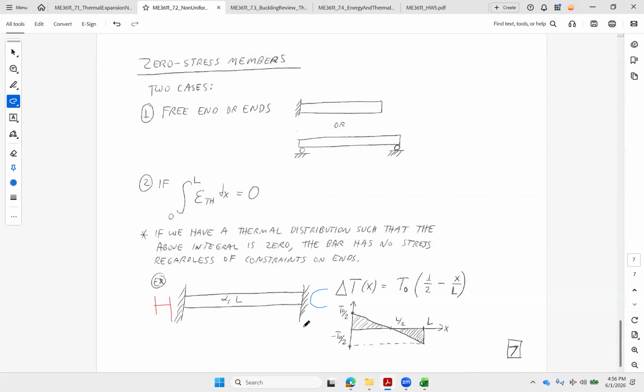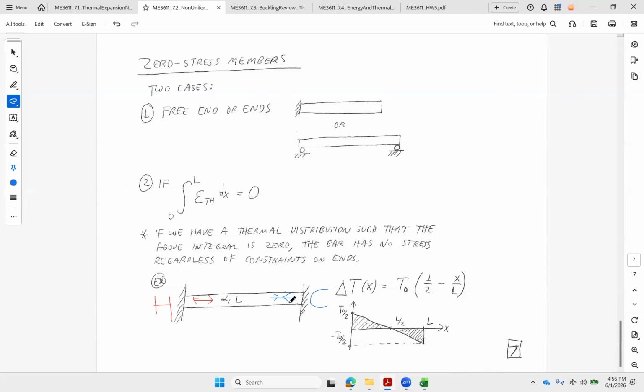So I have that same linear distribution, but instead of all of it heating up, some of it's heated up, some of it's cool. So the left side of this beam, to varying extents, is going to be expanding. And then at the same time, the right side of my beam, to varying extents, is going to be compressed in.